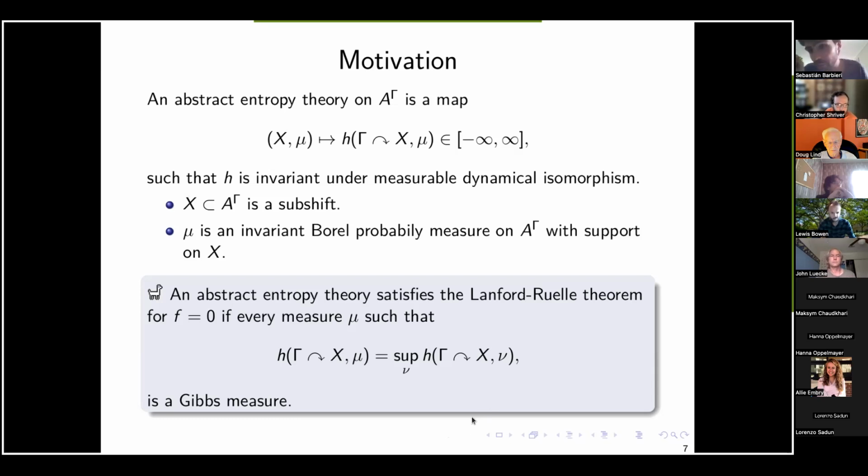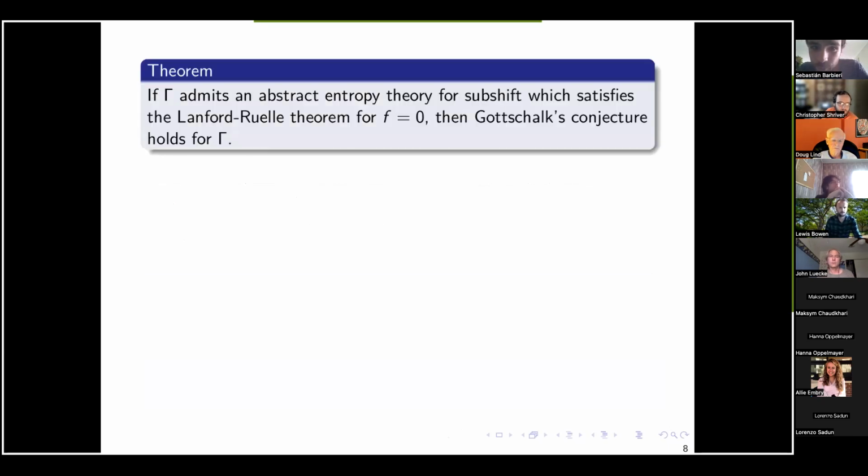Okay, so for every measure on some subshift, I can assign a number, and I'm going to say that if every measure that maximizes this expression is automatically a Gibbs measure, then my entropy theory satisfies the Lanford-Ruelle theorem. Okay, so my application is the following. If I have a group which admits an abstract entropy theory which satisfies the Lanford-Ruelle theorem for f equals 0, then Gottschalk's conjecture holds for that group.